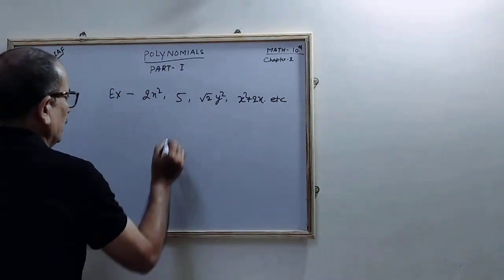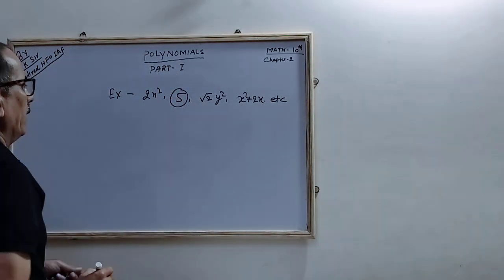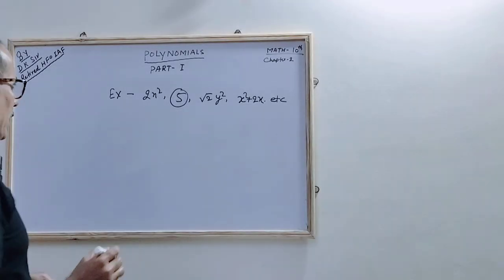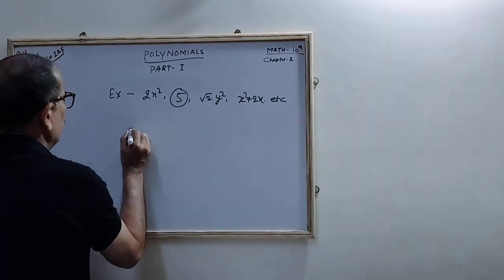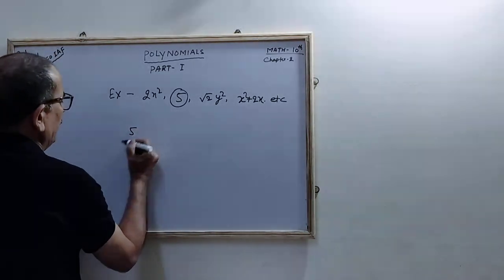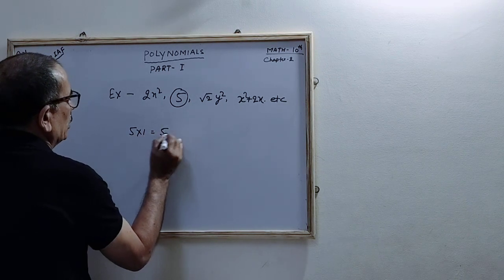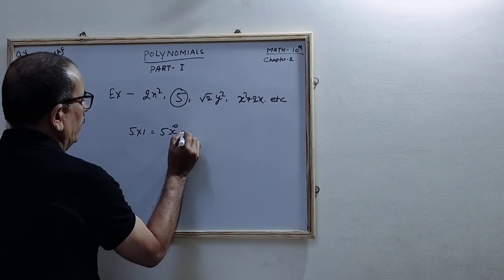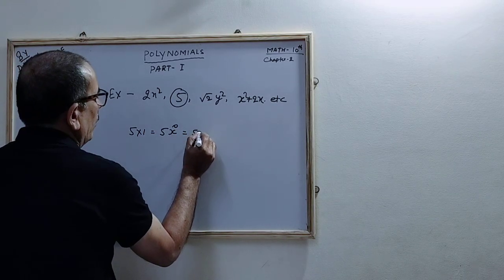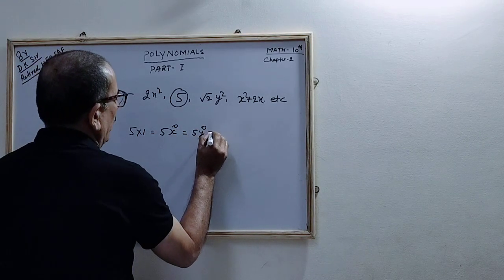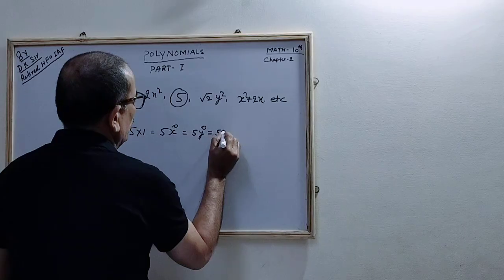Correct? In this particular polynomial, you find that the variables are not there. You can understand that 5 means 5 into 1. The 1 can be x to the power 0, y to the power 0, or z to the power 0.